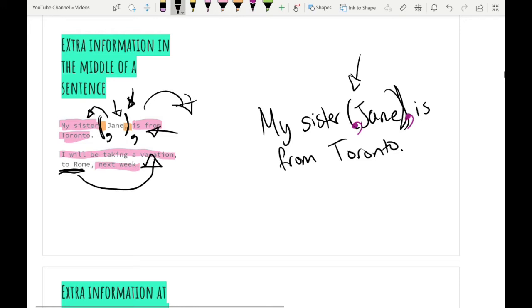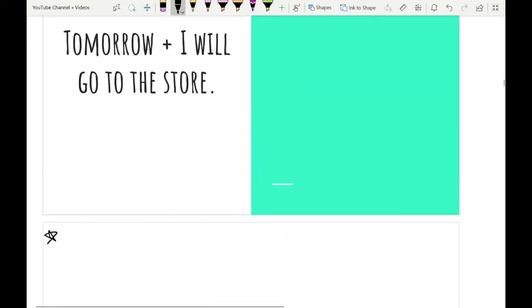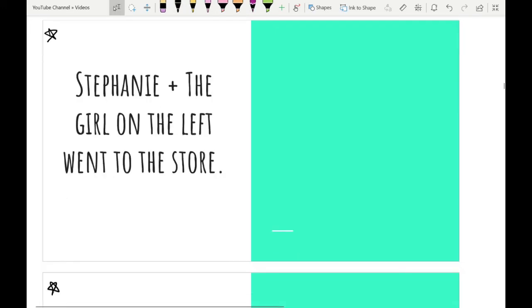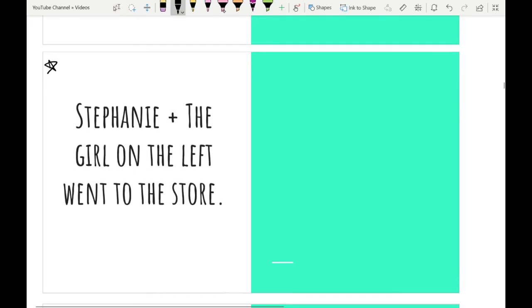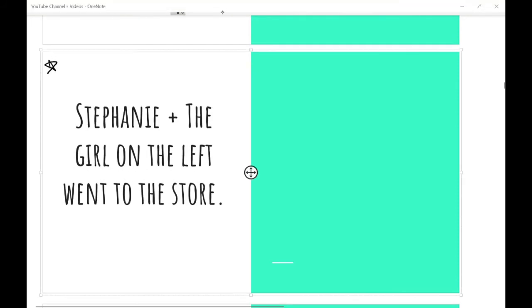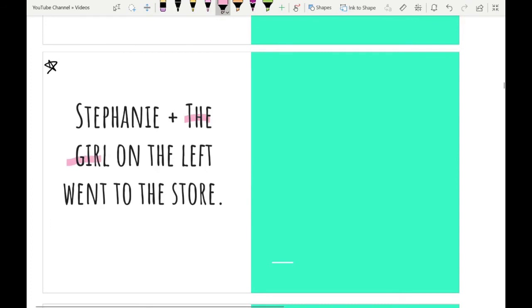So let's take a look at two examples below. I want to use these two right here. I've already starred them. So I have your full sentence right here. We have the girl on the left went to the store. Your extra information is this right here, Stephanie. So go ahead and pause the video and try to make that sentence using commas. Are you back?